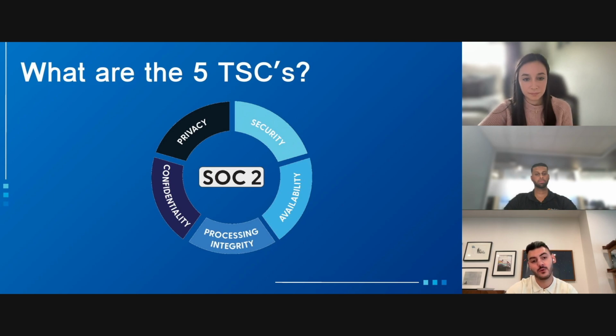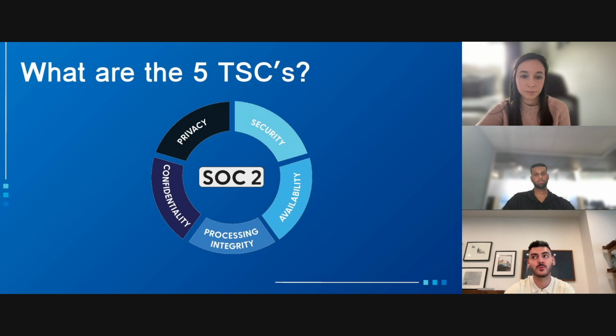The remaining four trust services criteria have much fewer controls available, and some of these are more challenging to implement, which is why some companies just go with the security trust services criteria.